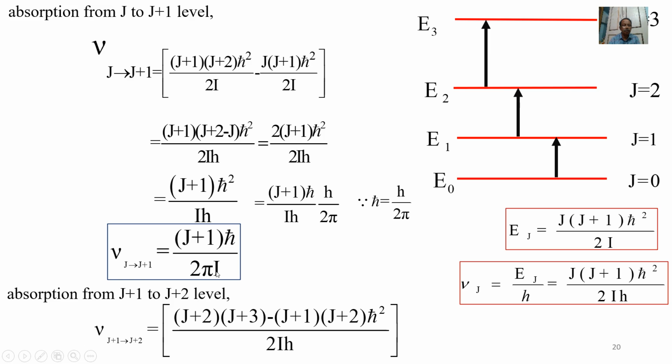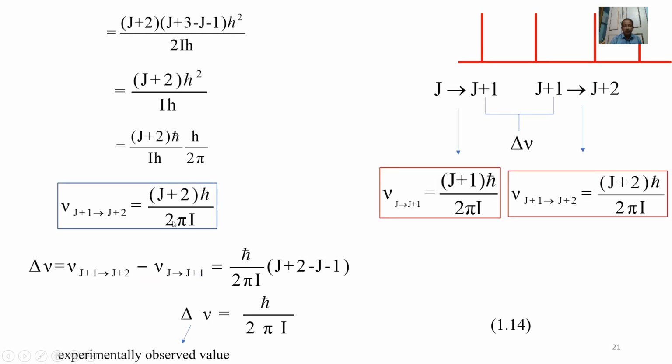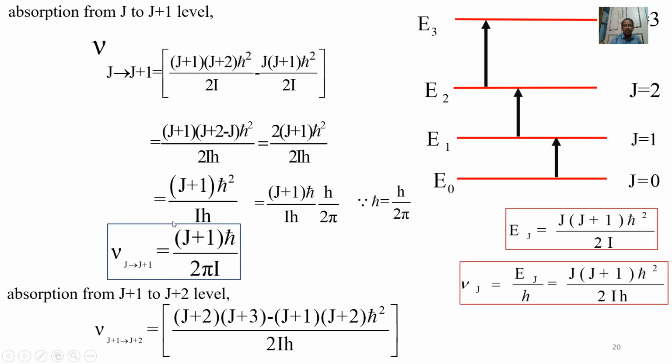Now let us calculate absorption from J plus 1 to J plus 2 level. So nu J plus 1 to J plus 2 is given by this expression, that is J plus 2 multiplied by J plus 3 minus J plus 1 J plus 2, h bar square divided by 2Ih. So taking the common term out, common term is nothing but J plus 2. The remaining term will be J plus 3 minus J minus 1.